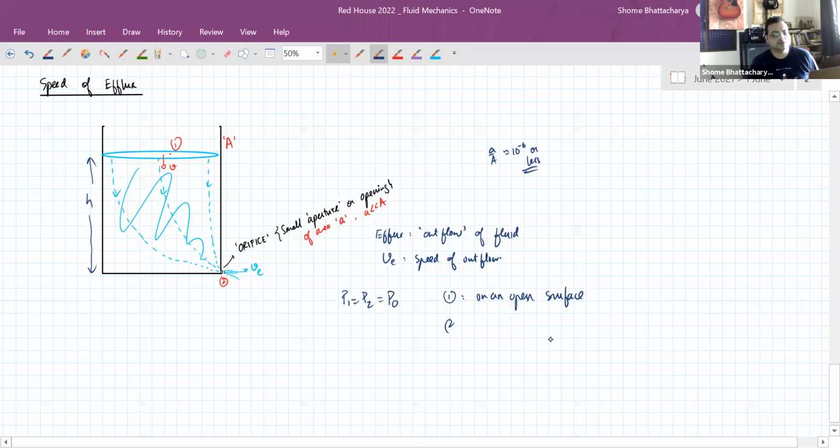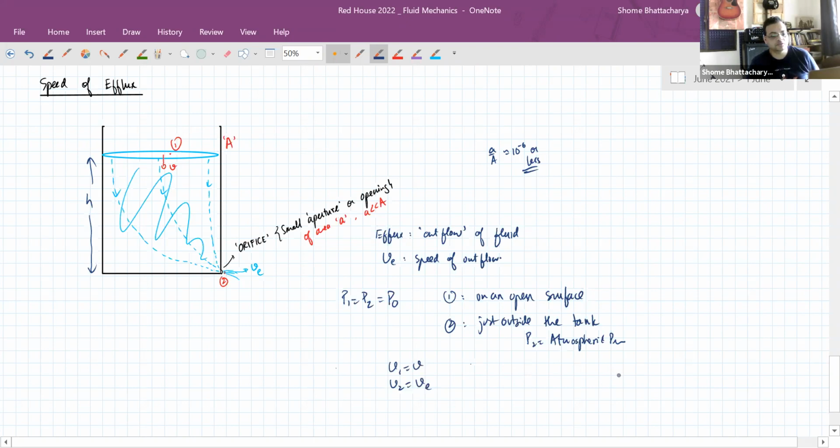So the pressure at 2 is the atmospheric pressure. So now V1 is equal to V, V2 is equal to the efflux speed. Now capital A into V is equal to small a into VE.